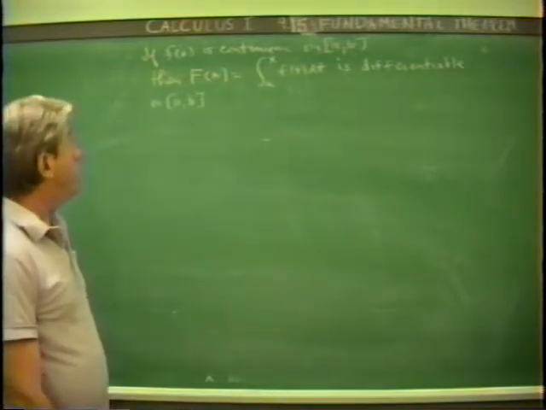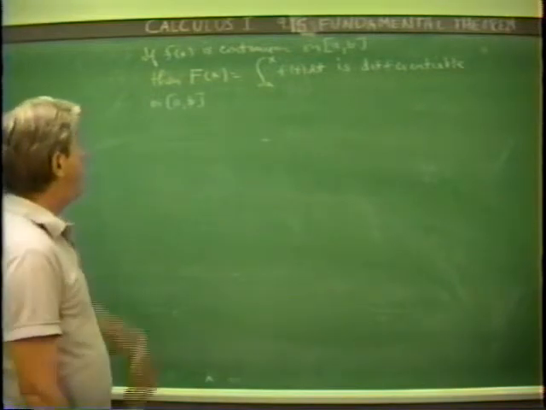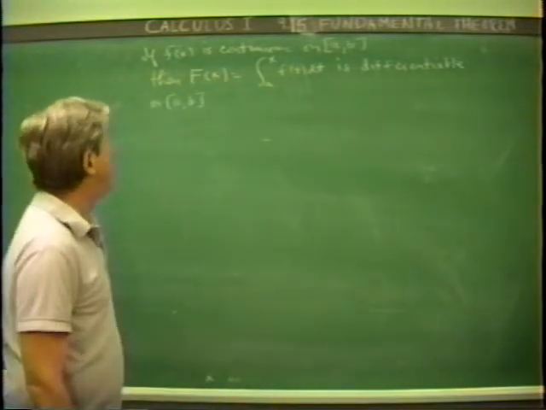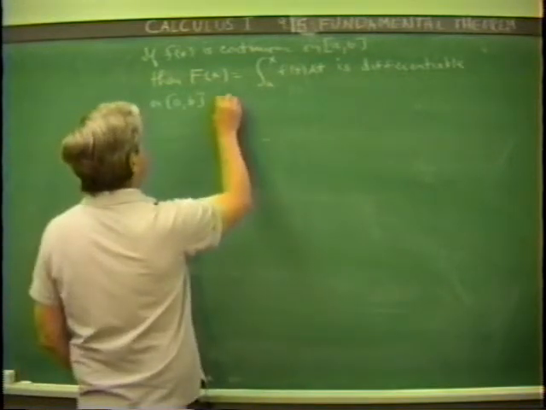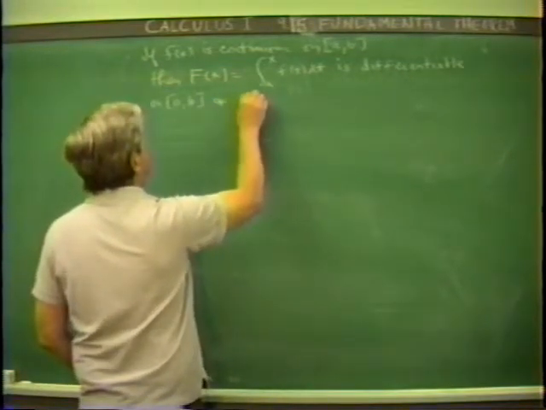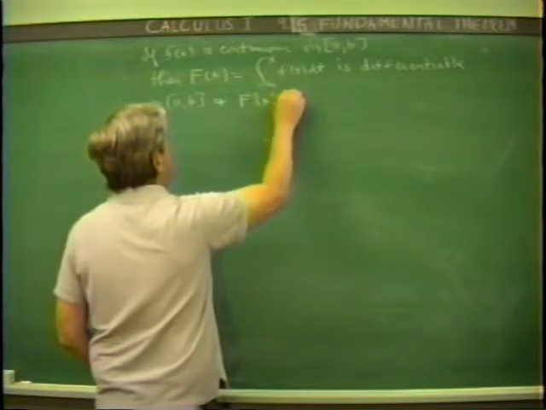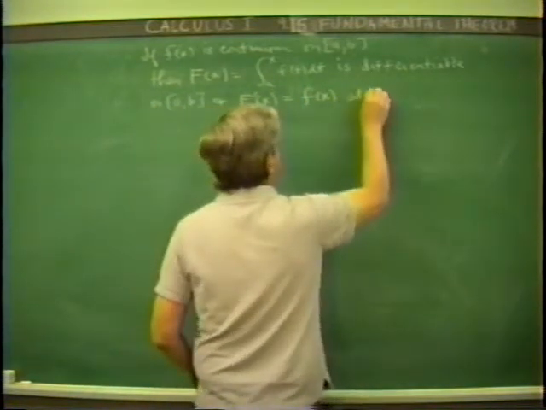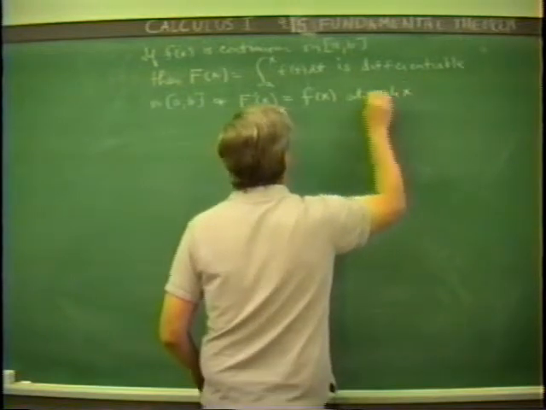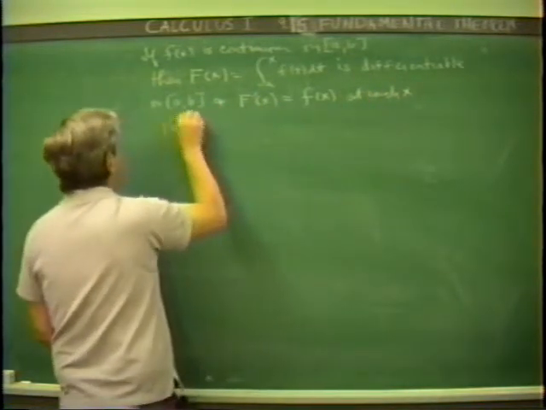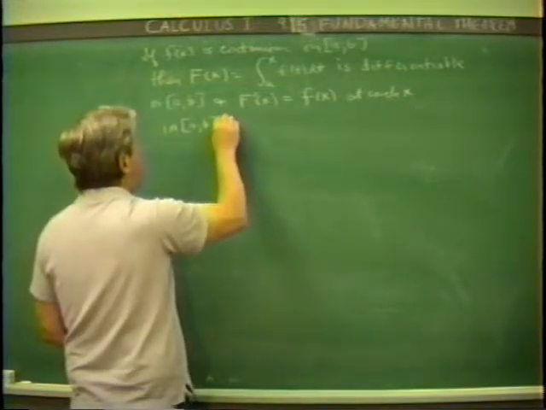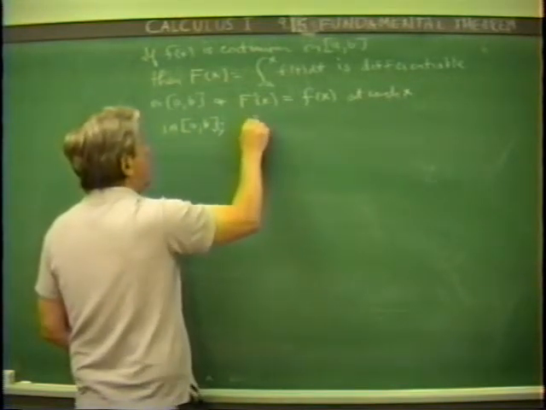Now, actually what's being asserted here, but is not going to be proved at this point, is that if little f is continuous, then it is also integrable. So that continuous functions are always integrable, and moreover, their integral is an antiderivative. Because what we must also have is that F prime of x is little f of x from the previous result at each x in a b.